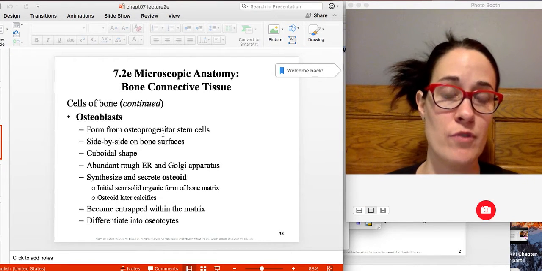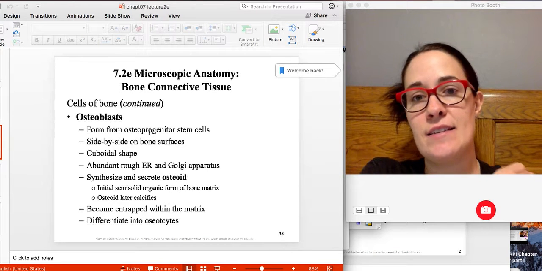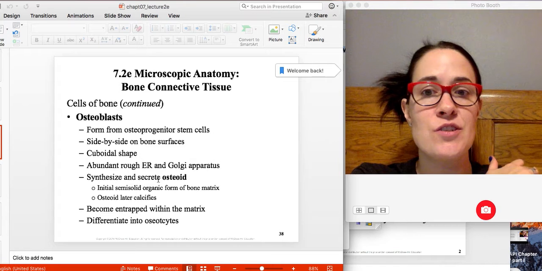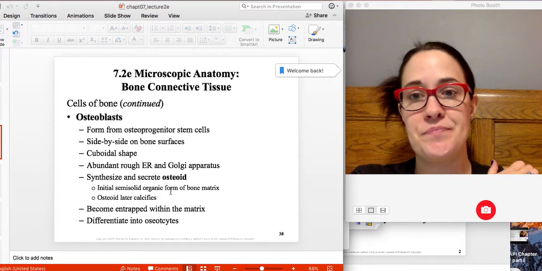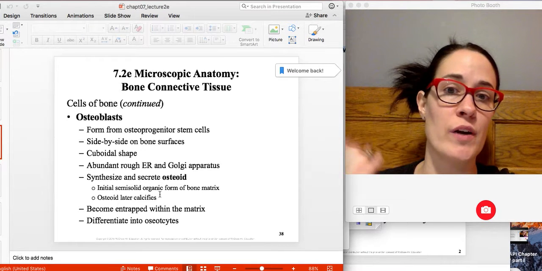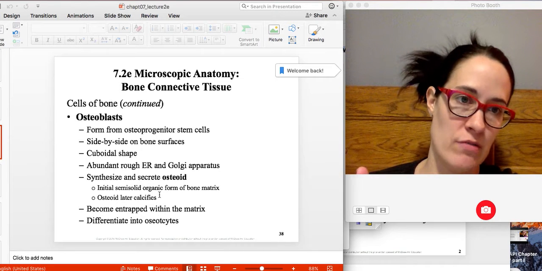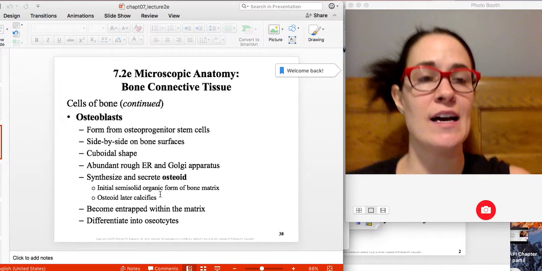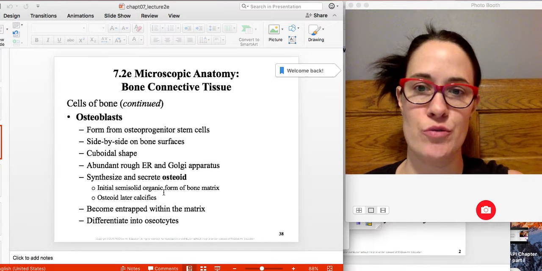Osteoblasts form from osteoprogenitor cells, and they secrete osteoid. It's an initial semi-solid organic form of the bone matrix, and later it will calcify. So they're going to lay down the bone matrix and build the bone tissue.